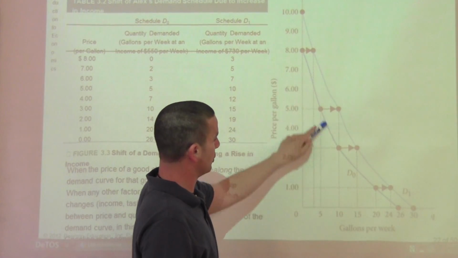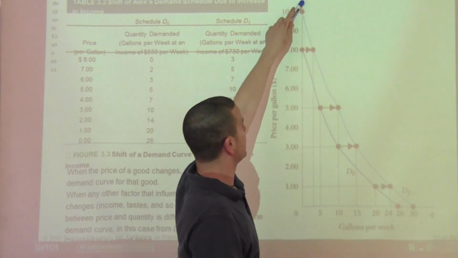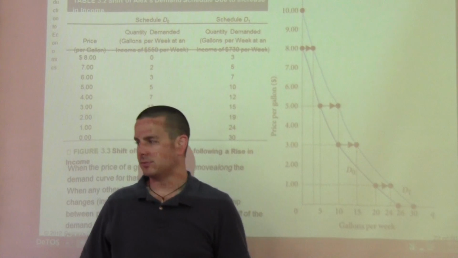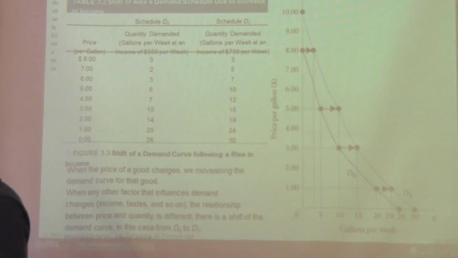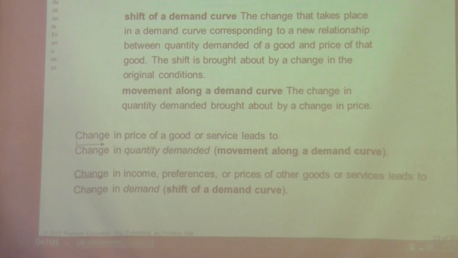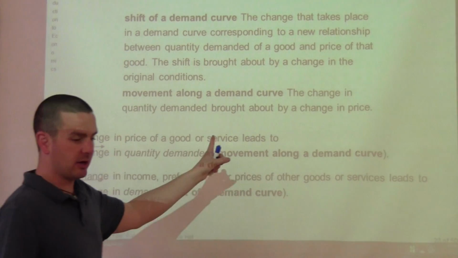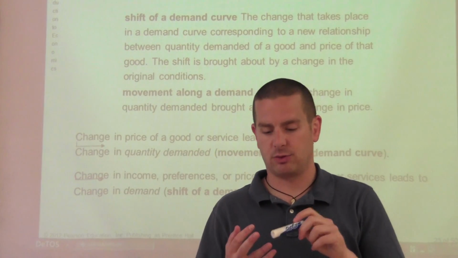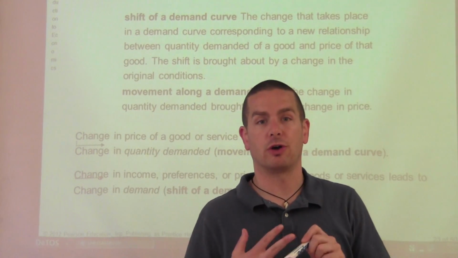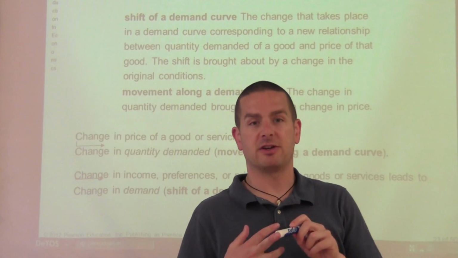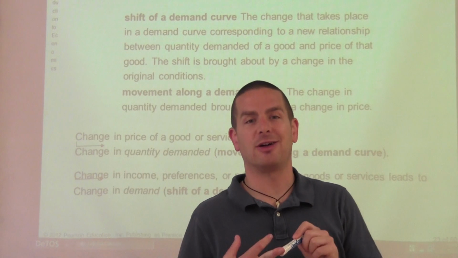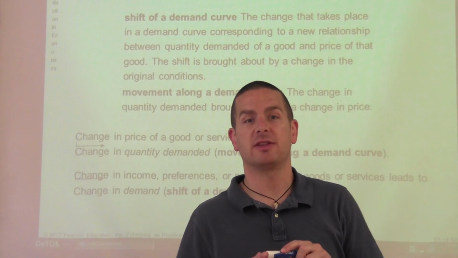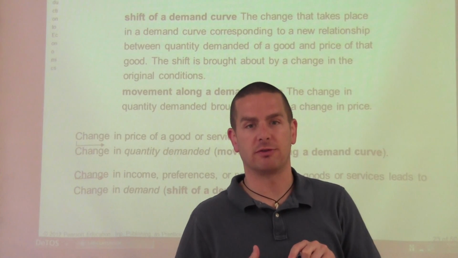This was our original one. This is our new one. So remember, and it says it again right here, if there's a change in price, that means there will be a movement along the curve. If there is a change in anything else, then you are going to shift the entire curve.